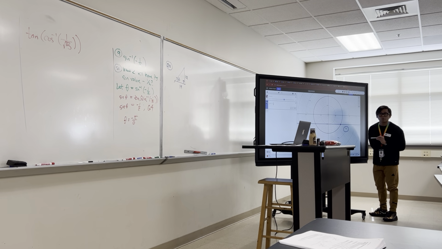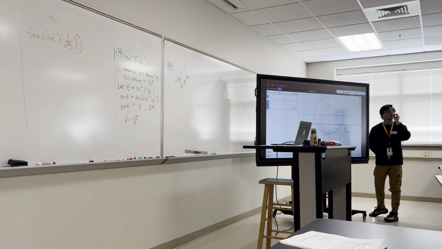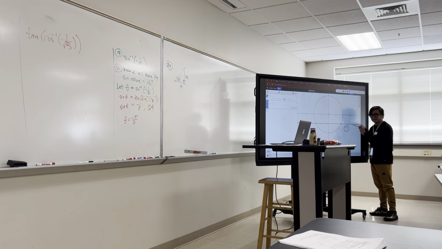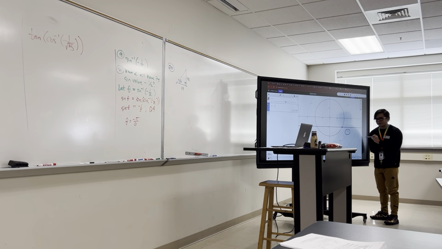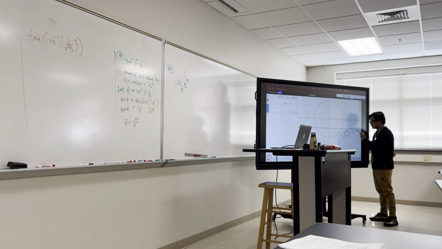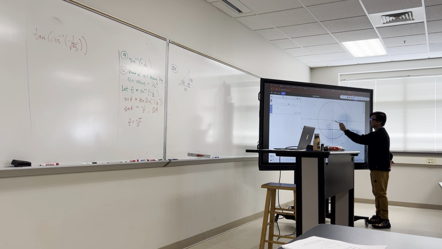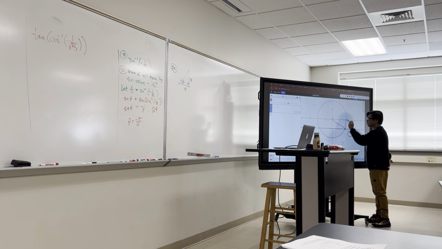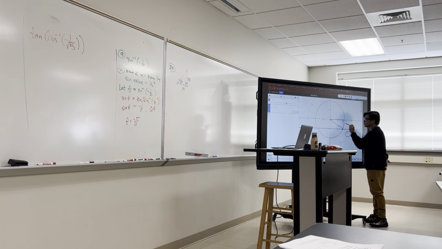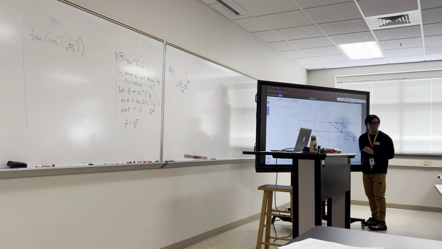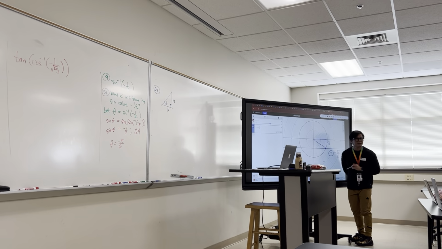But since our domain says negative pi over 2 to pi over 2, we're going to get the negative coterminal angle of that, which is negative pi over 6. Good. If we notice that triangle in here, this is your negative 1/2, which is the sine inverse. Are we good, guys?